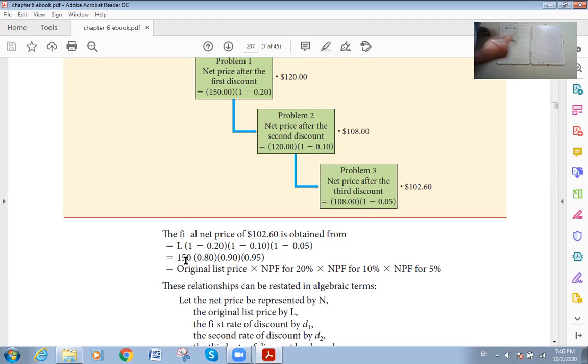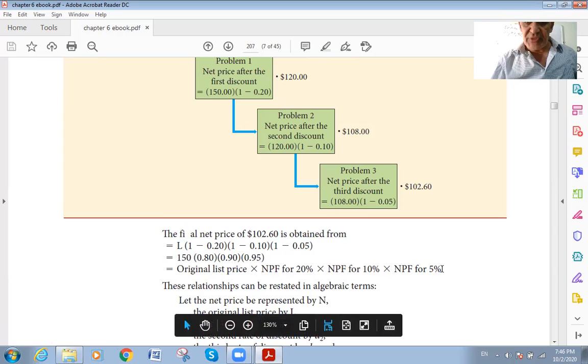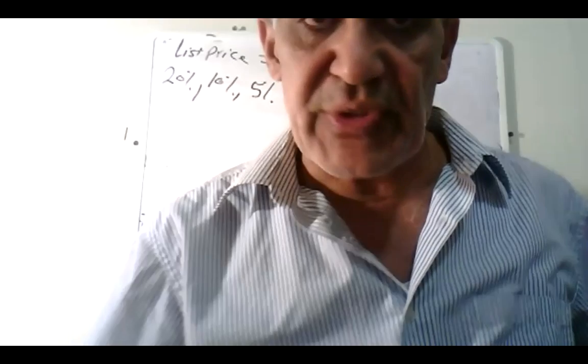Now we will do it in only one step, one line. List price is $150. That's fine. The discounts are 20%, the second discount is 10%, and the third discount is 5%. That's all we need to know. 20%, 10%, 5%.